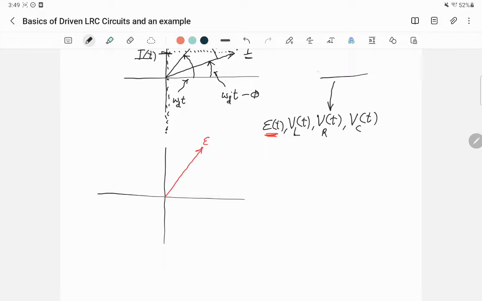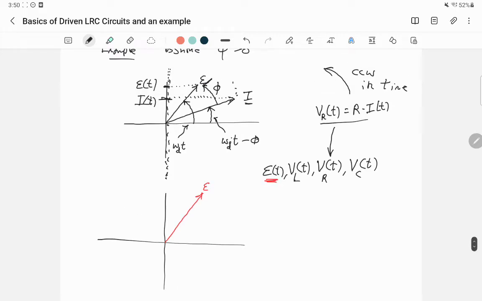So the basic fact is that the voltage across the resistor in time is equal to the resistance, which is not time dependent, times the current, which is time dependent, right? So what I'm trying to say is that the voltage across the resistor is proportional to the current. Here is the current phasor, so this is how the proportionality is.